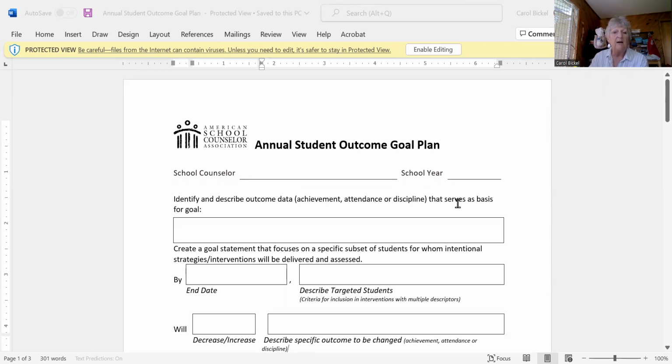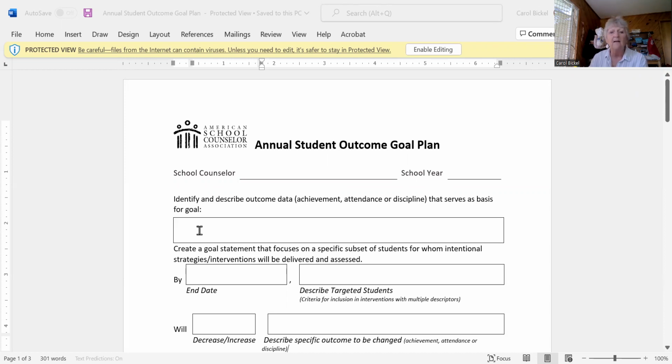Your name, please. If you're going to use your own school, please make sure your school's name is on there. And if I can have the link to the data you're using, that would be even better. Identify and describe outcome data, achievement, attendance, discipline that serves as a basis for the goal.